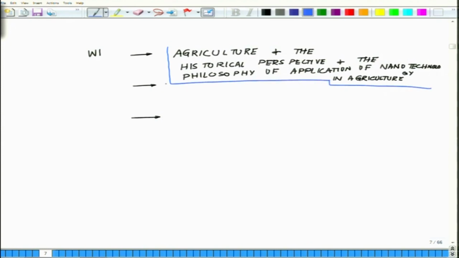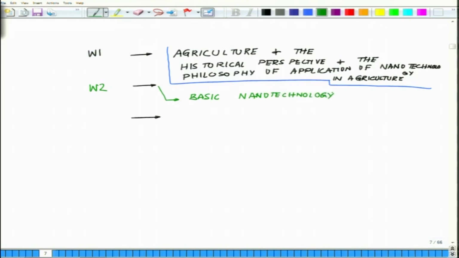Now, from here we will move on to week 2, which will be essentially our basic nanotechnology.